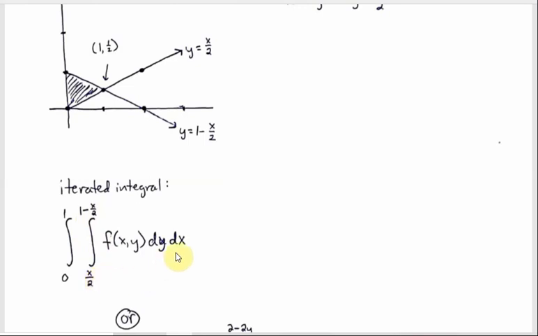And then for x, you just have to figure out which x values are covered by that triangle. It starts at x equals 0, because it's right up against the y-axis. And then it goes up to this point, (1, 1/2). So the biggest x value is 1, because that's the edge of that triangle, and there's nothing past that. So the x value should go from 0 to 1. And there are those limits.